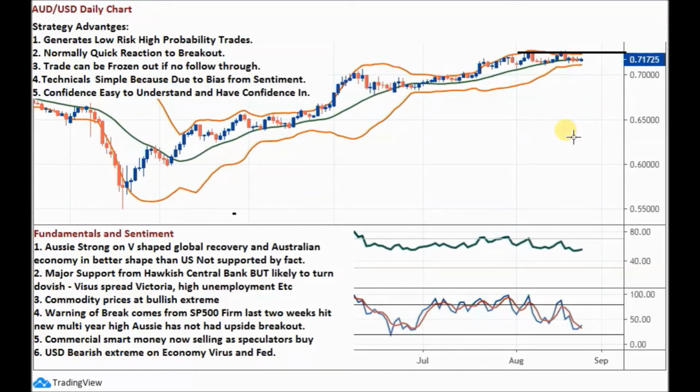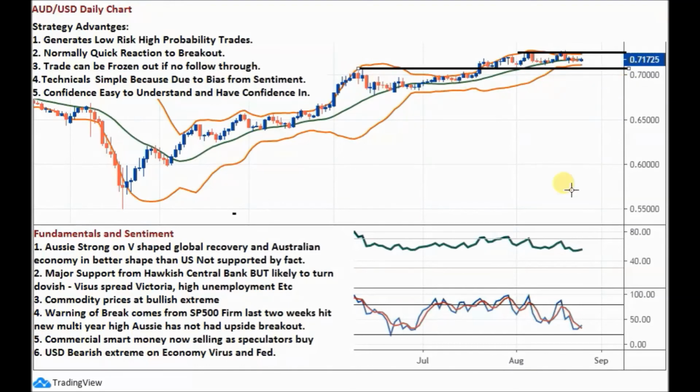Now, there are two ways you could do the breakout. A lot of traders will do that, which is basically just buying a breakout outside the outer Bollinger Band. That's an aggressive entry, and personally that would be the one I would use to get into the trade. If you wanted a little more confirmation, you could do this.